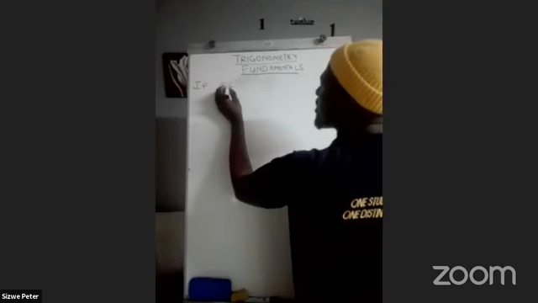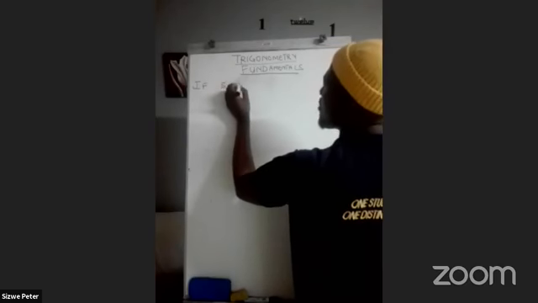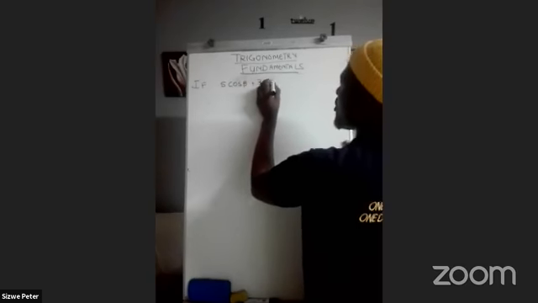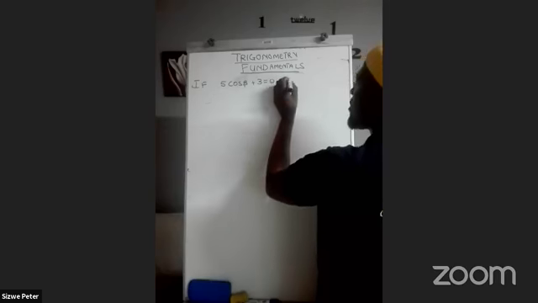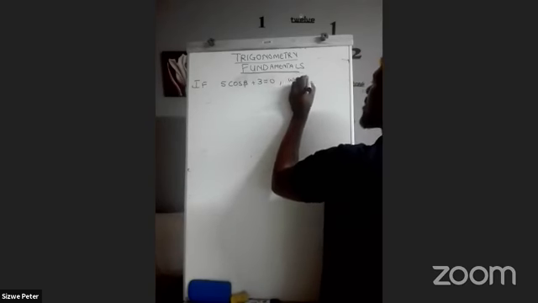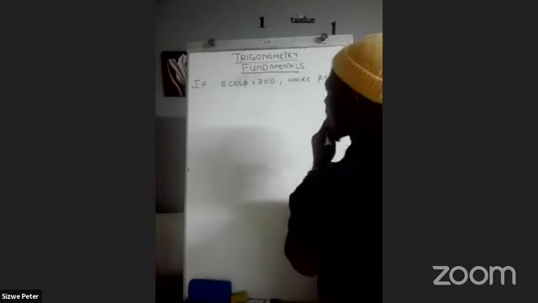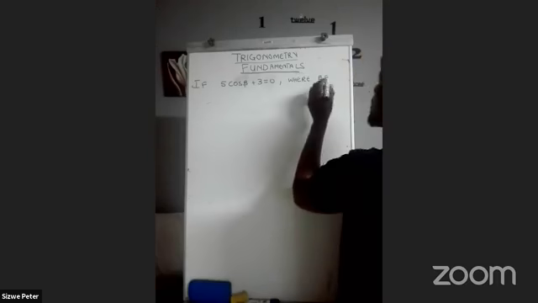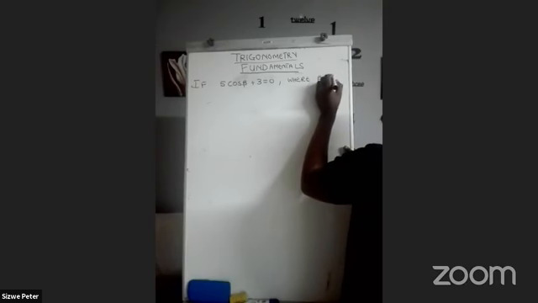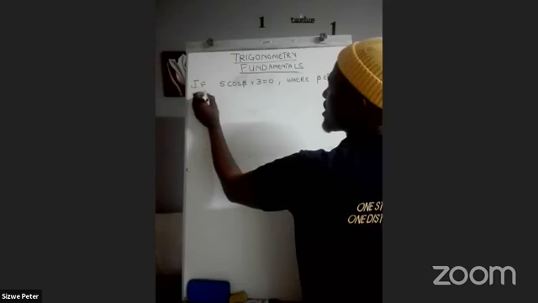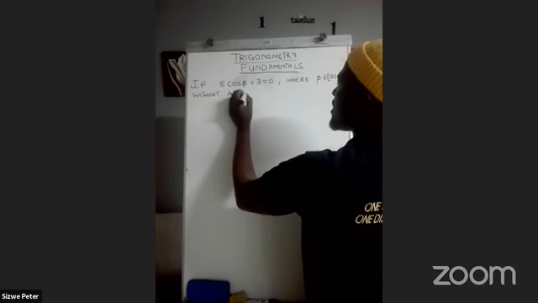Okay. So let's say we have 5 cos beta plus 3 equals 0, where beta is an element of 180 to 360, without a calculator.